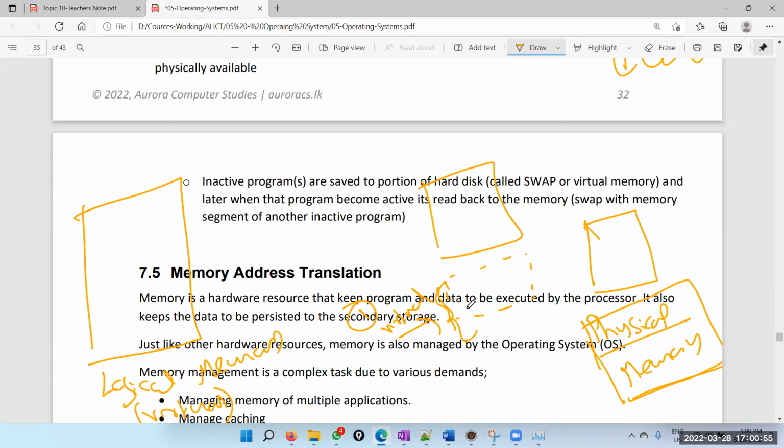The second meaning is that the operating system looks at your real memory as physical memory, and this virtual memory plus your physical memory together as logical memory. Got it? So this is your physical memory, the actual memory. Then you have your physical memory plus the extension from the secondary storage, that is virtual memory, and together we call that logical memory.